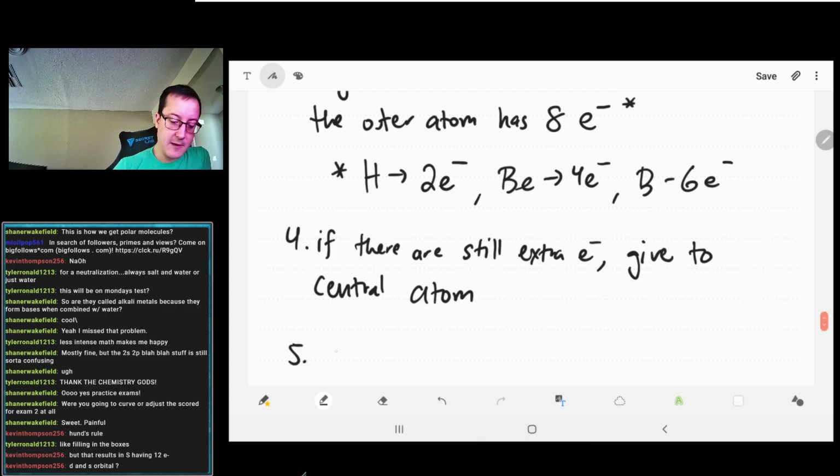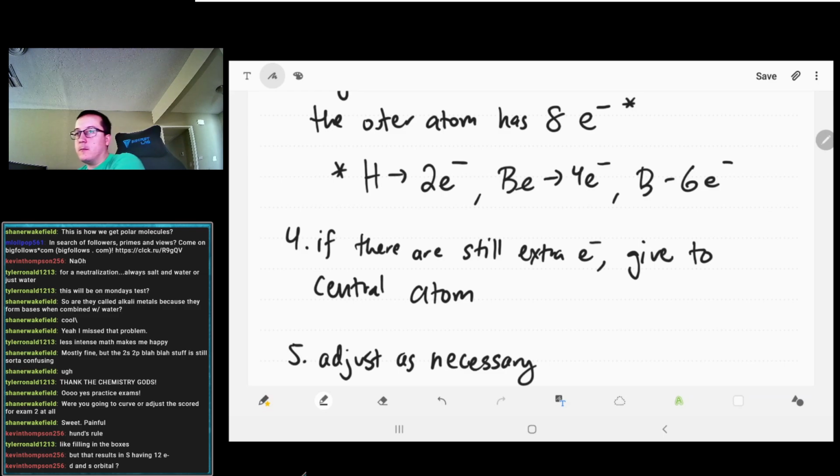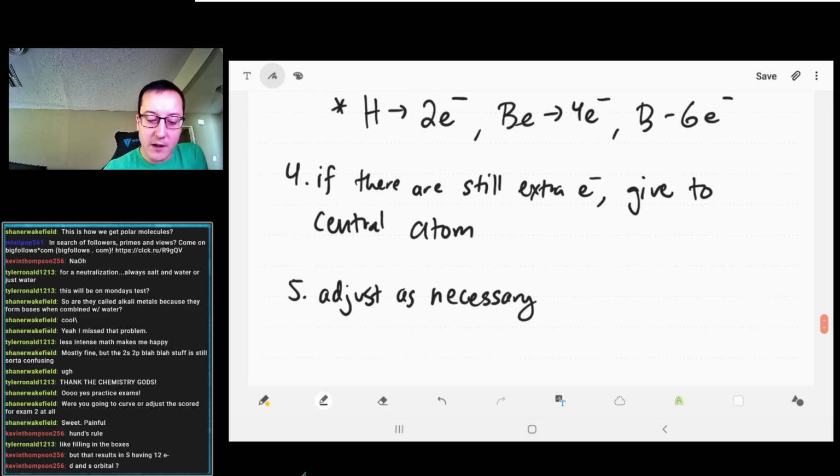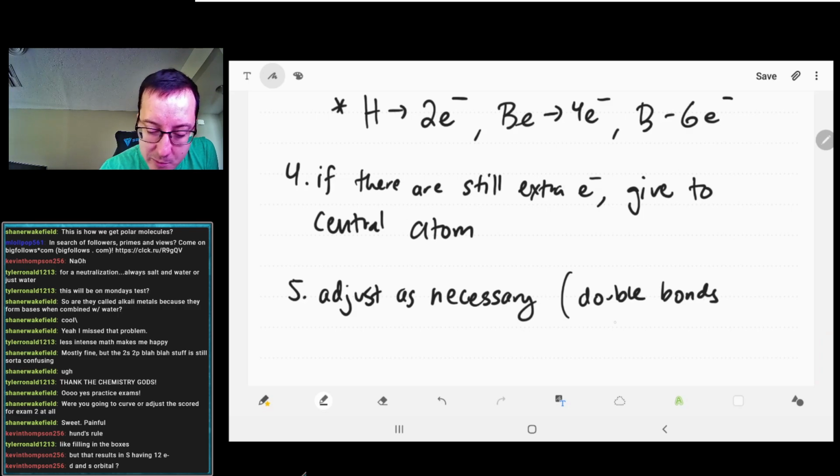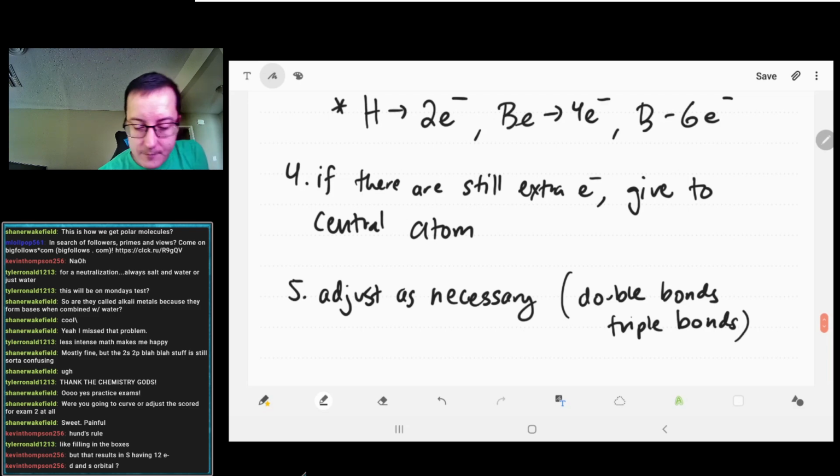And then the last thing would be adjust as necessary. And we're going to see that this would be possibly making double bonds or triple bonds as necessary.